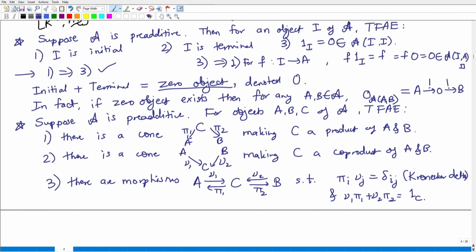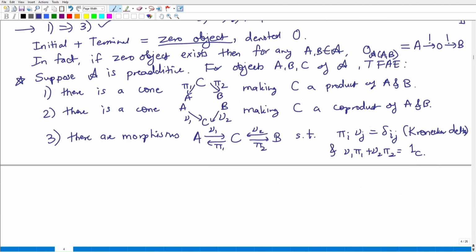Okay, you should ask some natural questions once you process the information. What we are saying in this third condition is that you start at A and then return to A, pi 1 nu 1 is identity on A. Then start from A, go across using nu 1 and then pi 2, then you will reach 0.